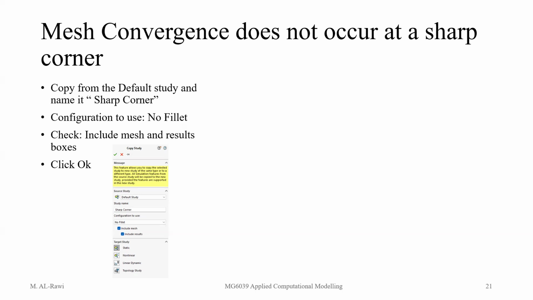Maybe click on it, and then we adjust it. Click yes, and then double click on the sharp corner study. Yeah, right click, and then search for details. Properties. Let's see how we can do that one.